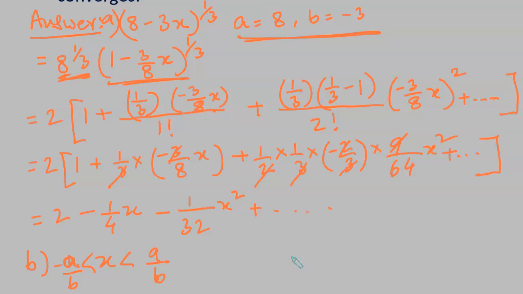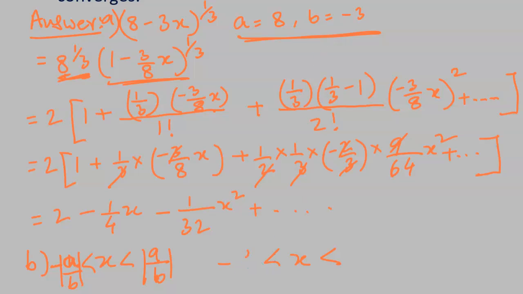So the range of values will be x should be greater than negative a over b. This is actually the absolute values. So it is 8 over negative 3. The absolute value will be 8 over 3.